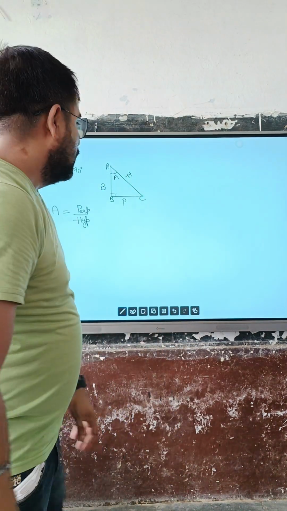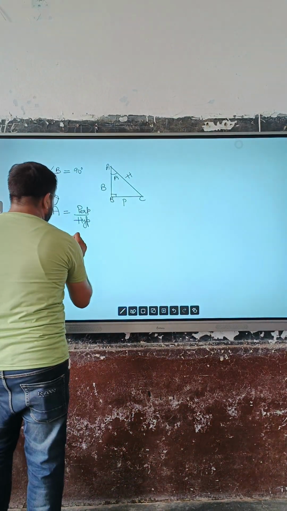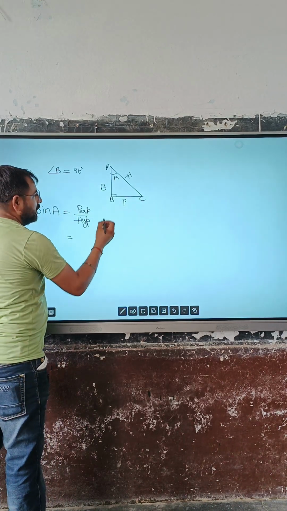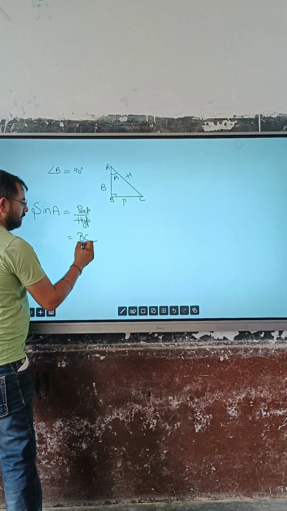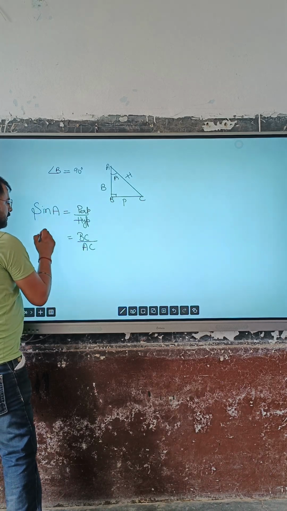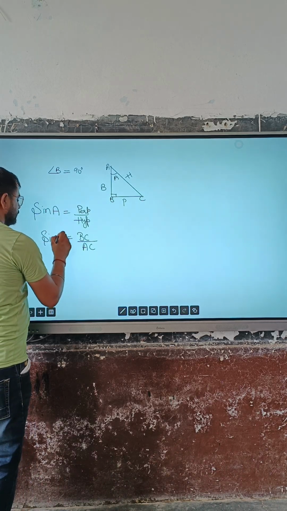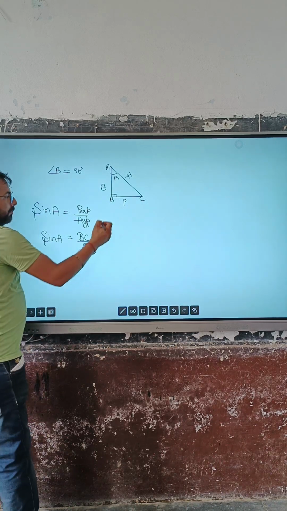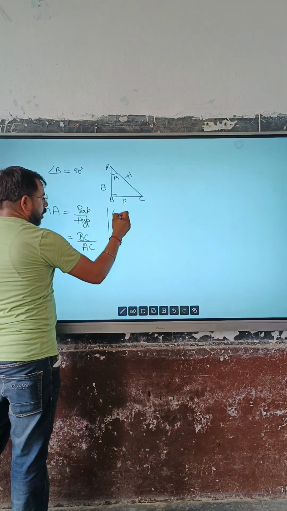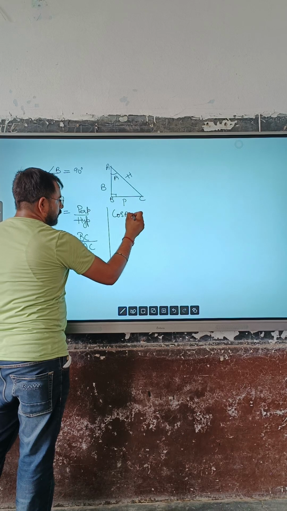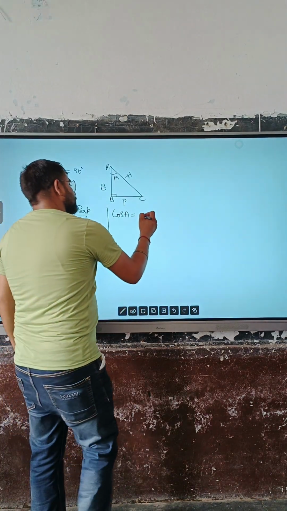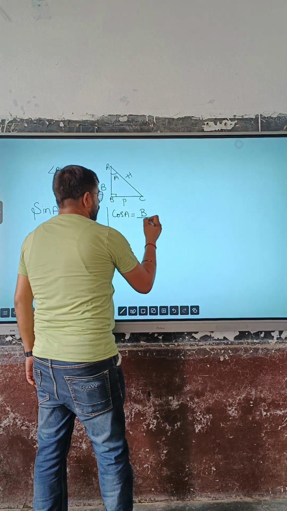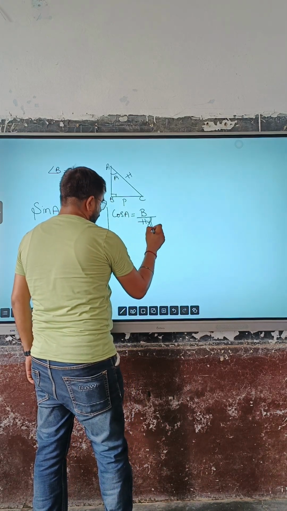According to this triangle, perpendicular is BC and hypotenuse is AC. Now cos of angle A is base upon hypotenuse.